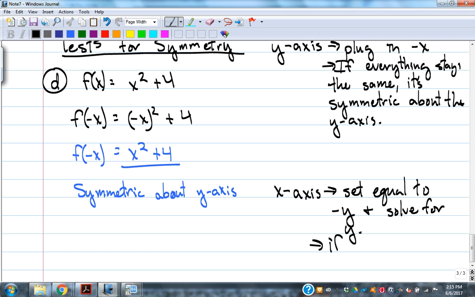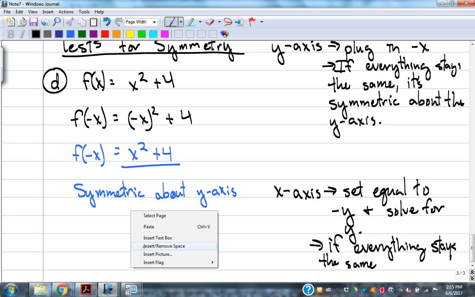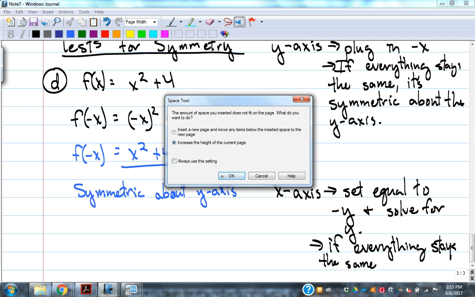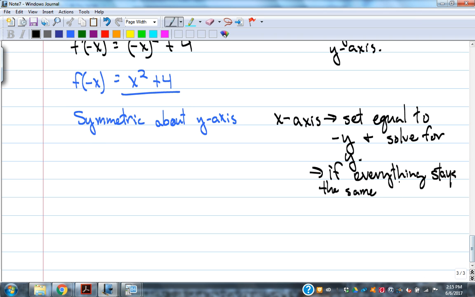Same rule: if everything stays the same, then it's symmetric about the x-axis. If anything changes, it's not.